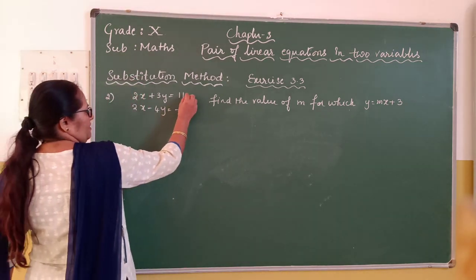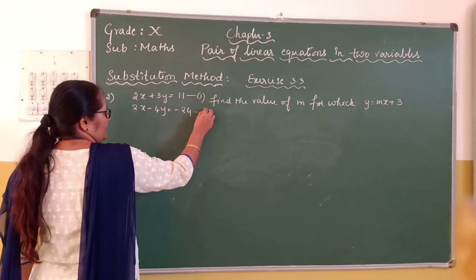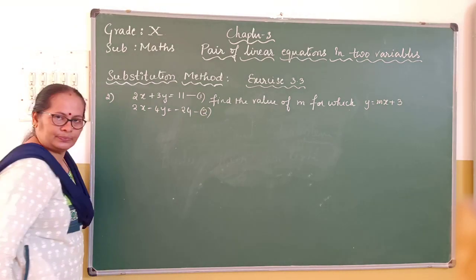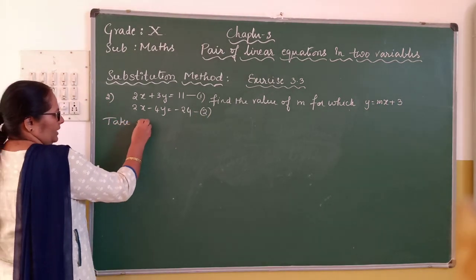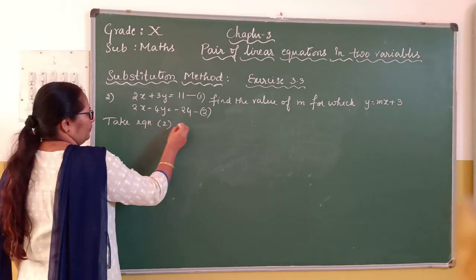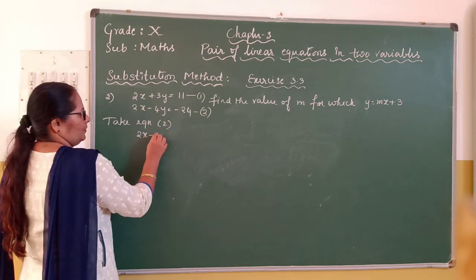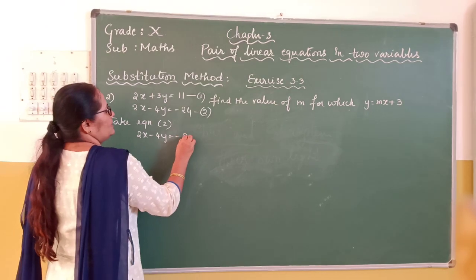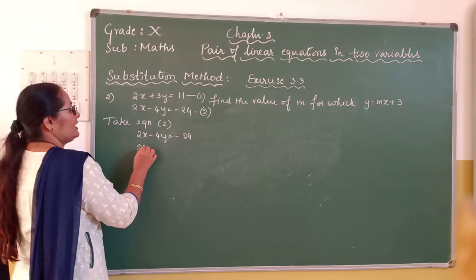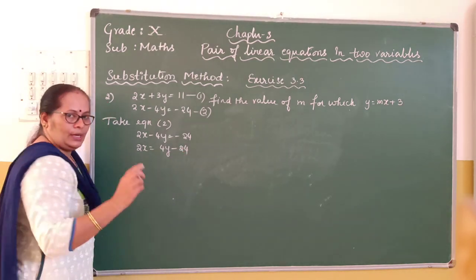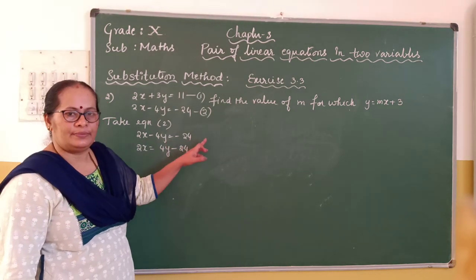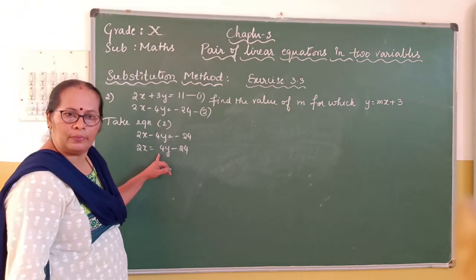Now take this equation as 1 and this as 2. Now take equation 2, 2x minus 4y equals minus 24. So 2x equals 4y minus 24. If you take minus 4y to the right side, it will become plus 4y.